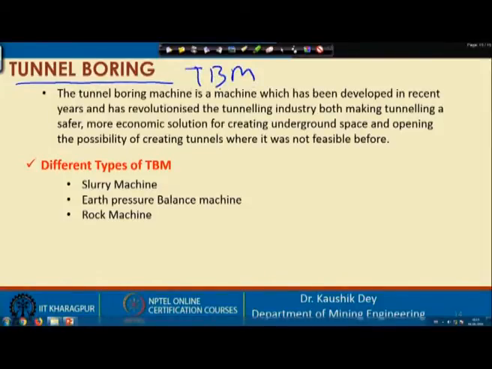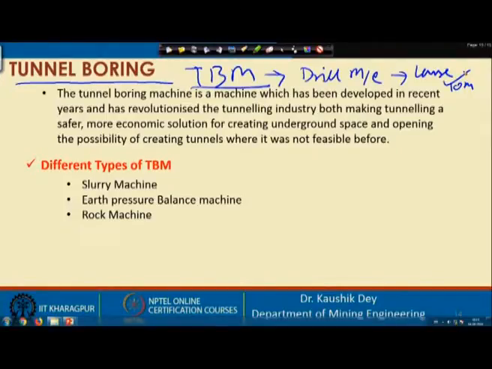So, basically TBM is nothing but a drill machine which carries out drilling of very large dia and often may go up to a 10-meter dia or something like that. Opening may be created by the TBM. So, large dia drilling may be carried out by TBM, which is horizontal or nearly horizontal drilling.